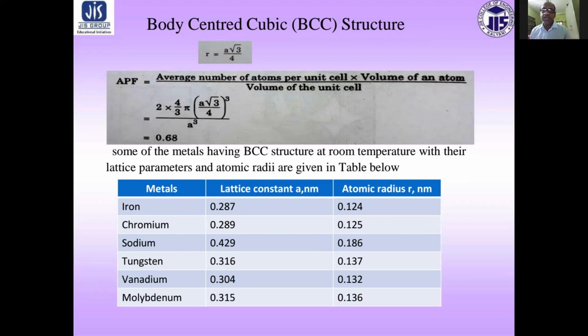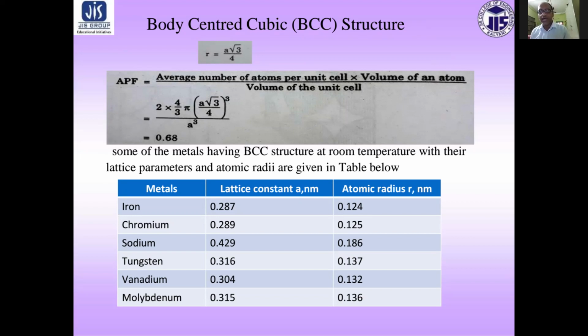Now we replace the R value in terms of A root 3 by 4, and the total volume of the unit cell for the cubical structure is A cube. So we find that in a BCC structure the atomic packing factor is equal to 0.68. It indicates that in a BCC type of structure, 68% of the unit cell is occupied by atoms, and the remaining portions remain vacant.